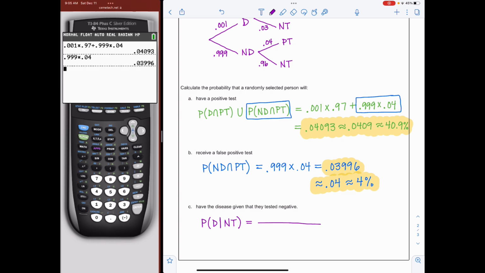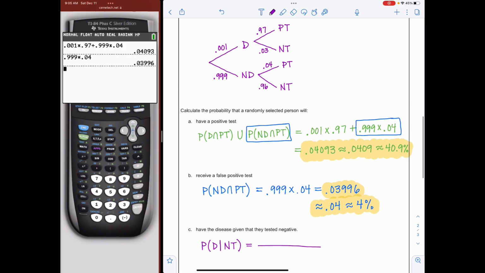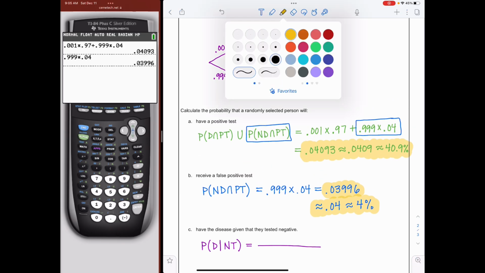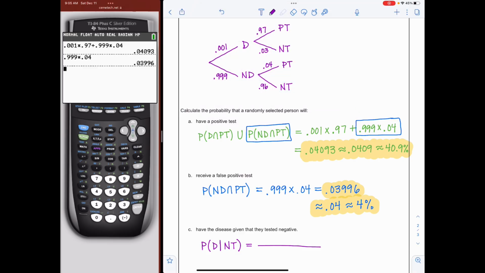where we have to find out the different ways that they can have a negative test. Well, out of the ways that they can have a negative test, they can have a negative test two ways. They can have a negative test and have the disease, and they can have a negative test and not have the disease.